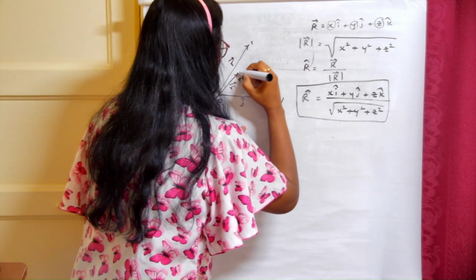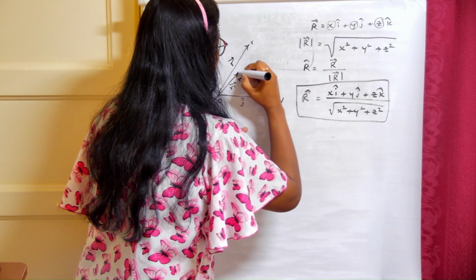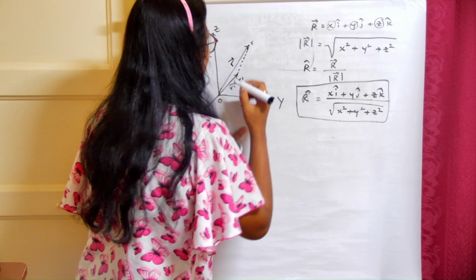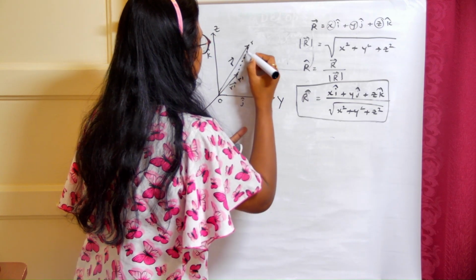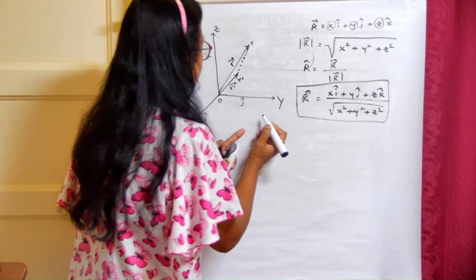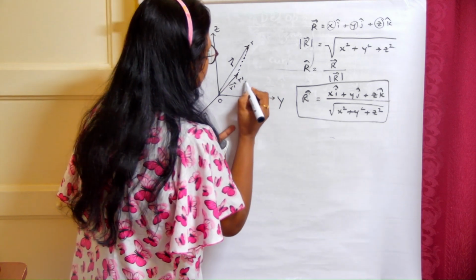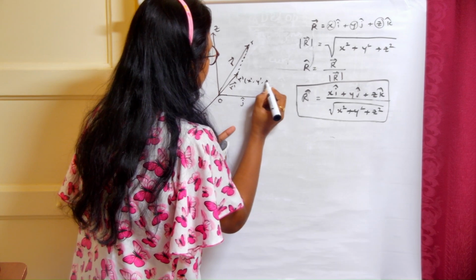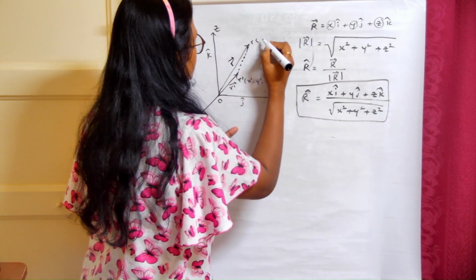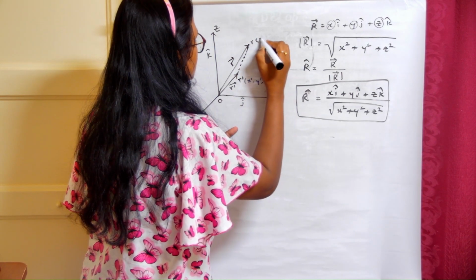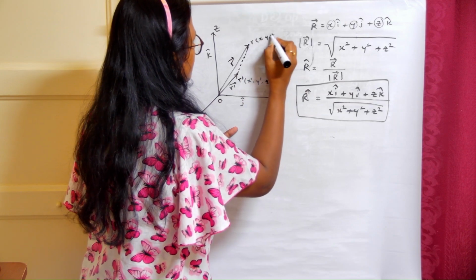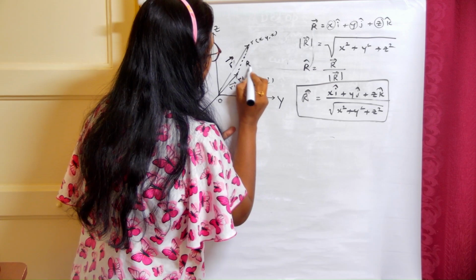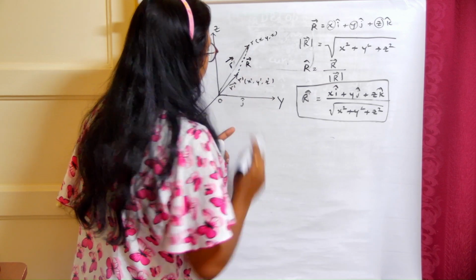So now we are going to define this separation vector between source point and field point. Say for example, r prime's coordinates are x prime, y prime, and z prime, and if the coordinates of field point are x, y, z, this separation vector I would love to call it as R bar.